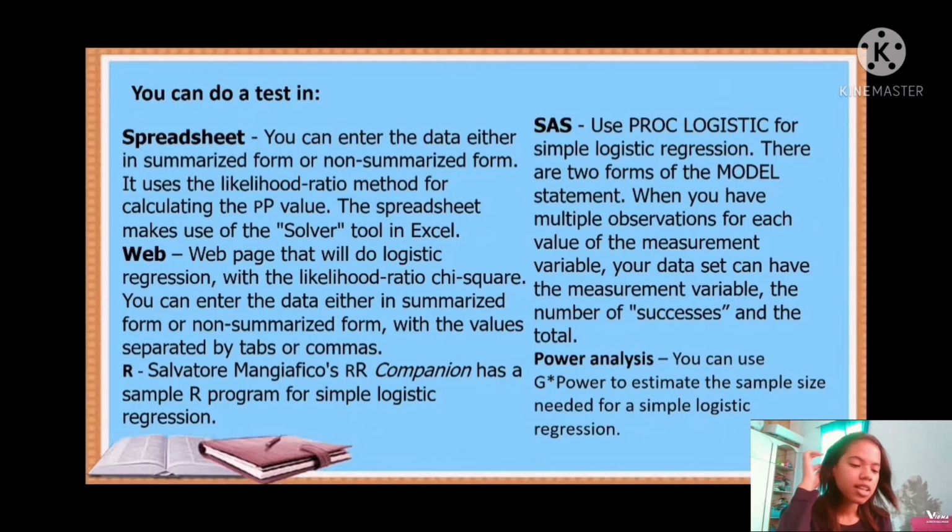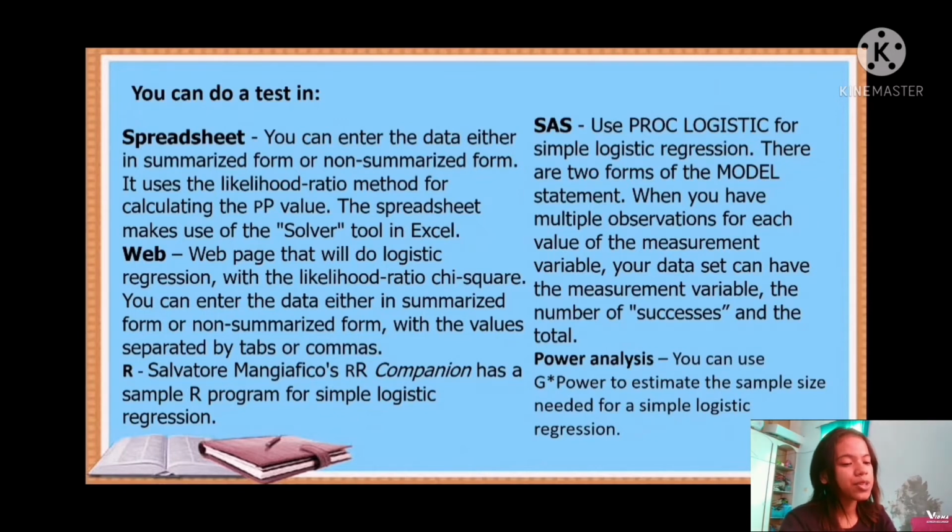R: Salvatore Mangiafico's R Companion has a simple R program for simple logistic regression.